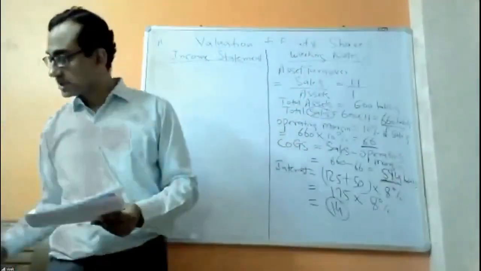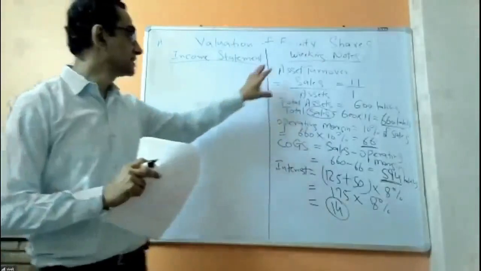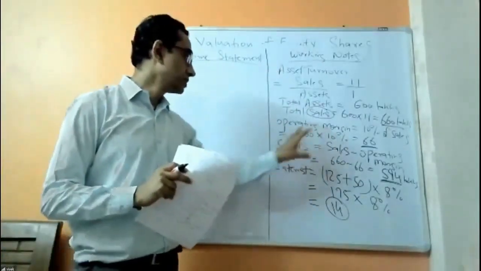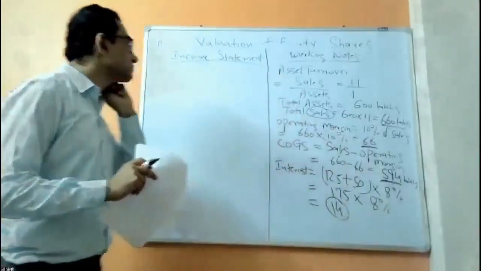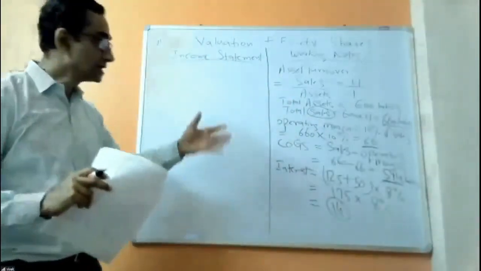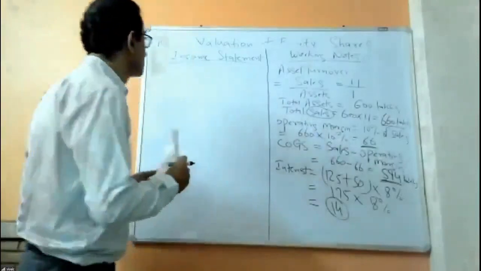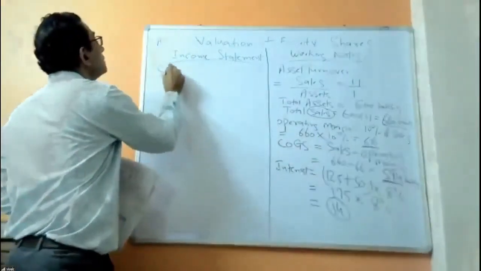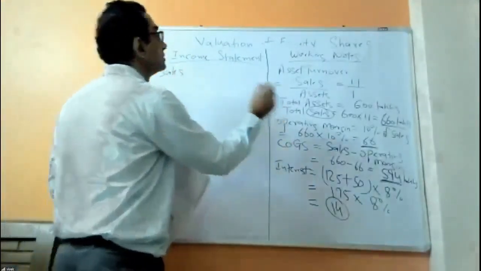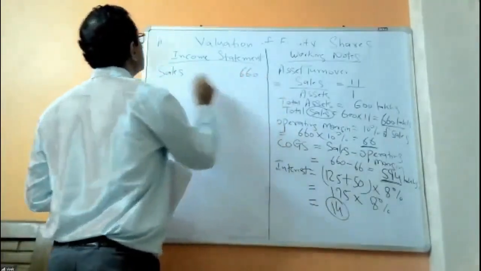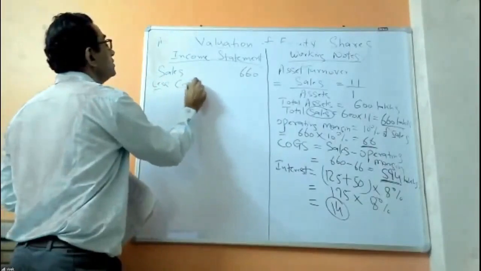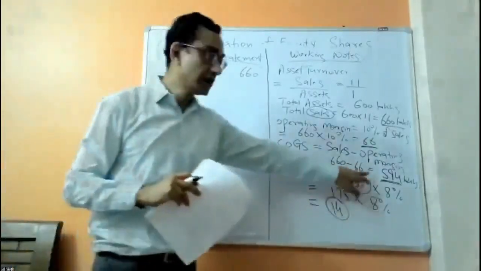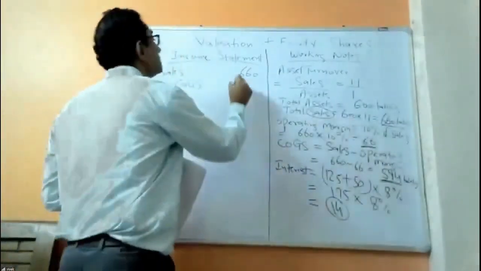Now we have more or less got all of the figures, that is sales, operating margin, COGS, and the interest. So now the income statement can be easily calculated from these figures. So sales 660, less cost of goods sold, we have calculated 594 lakhs.